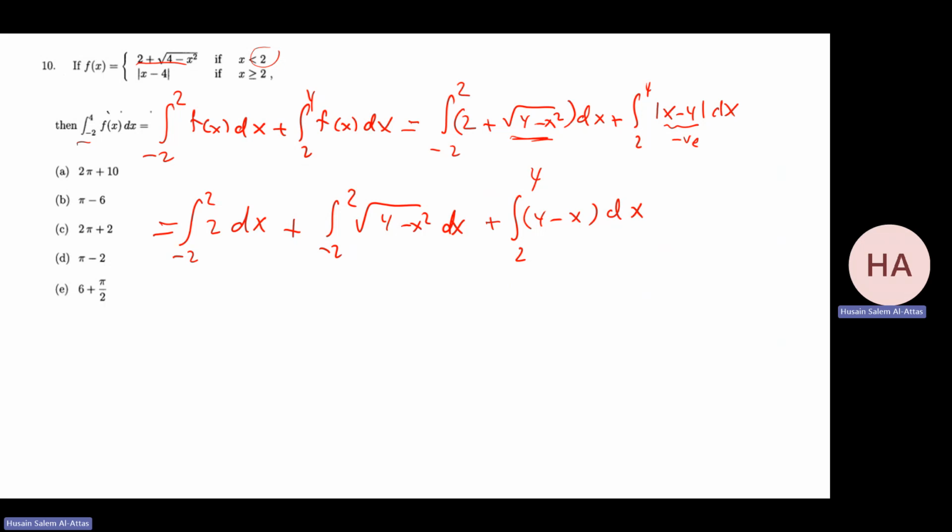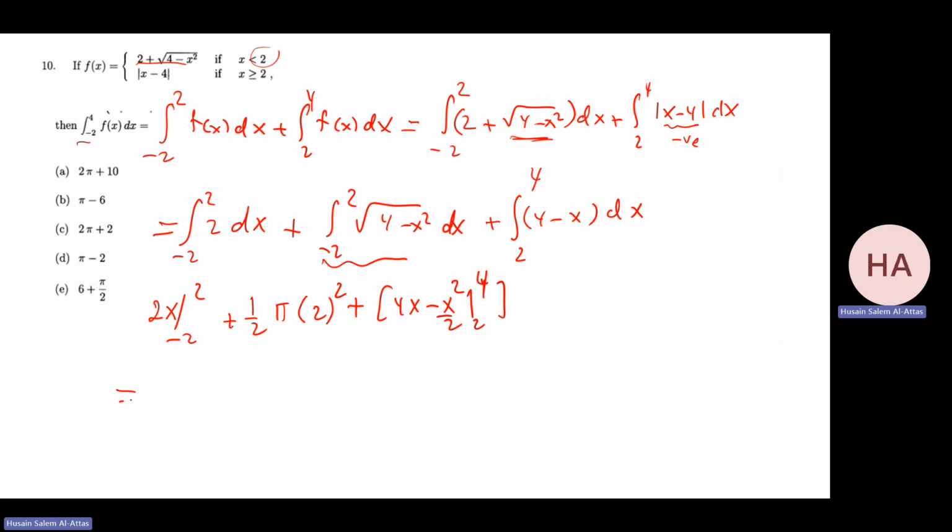Okay. So this will be 2x from minus 2 to 2. I'll deal with this as an area from minus 2 to 2. So this is all half pi r squared, which is 2. Plus, we have what's here? 4x minus x squared over 2 from 2 to 4.